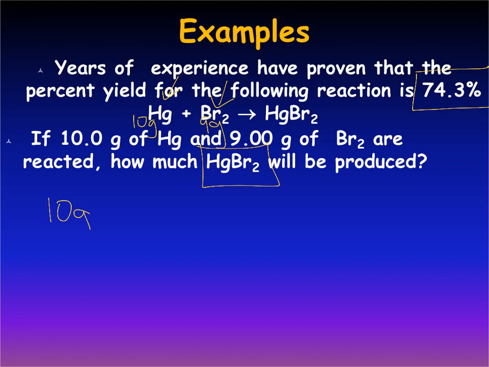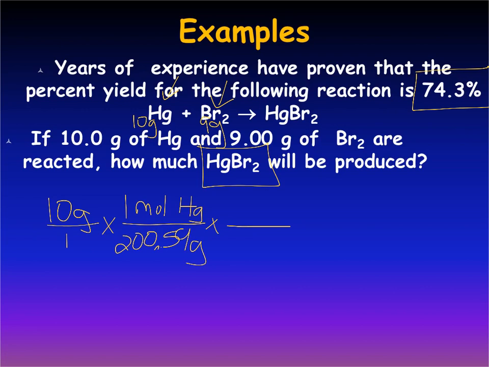So I got my 10 grams of mercury over 1 times, need the molar mass of mercury, so 200.59 grams, and then we got our 1 mole. If you look up there in the equation, you'll notice that it's all 1-to-1 ratios. So 1 mole of Hg is equal to 1 mole of HgBr2.